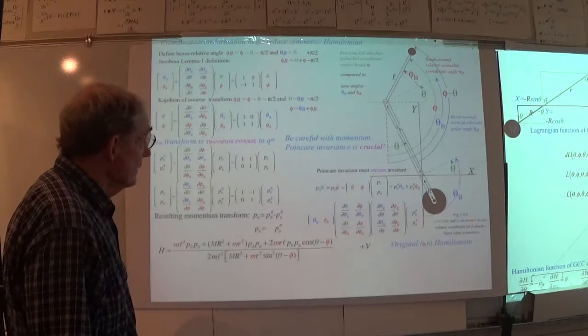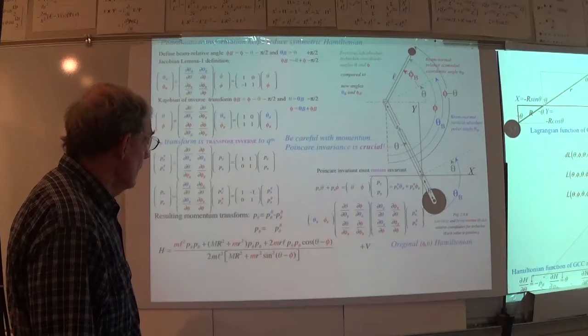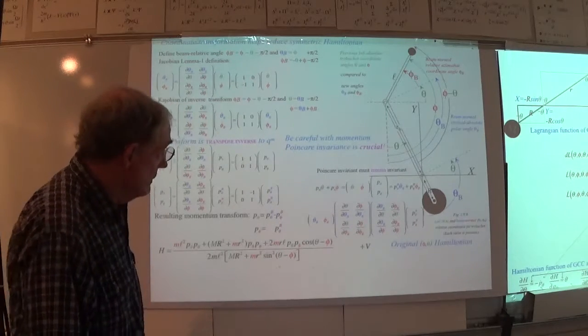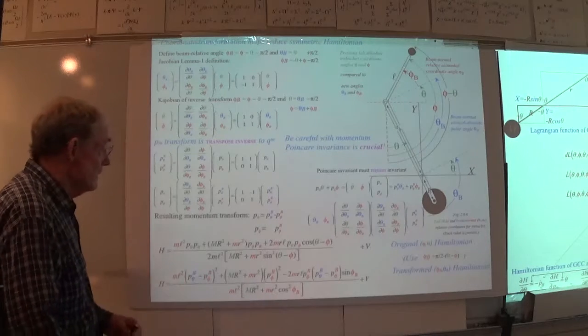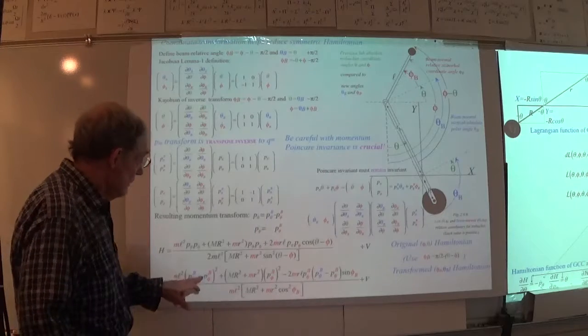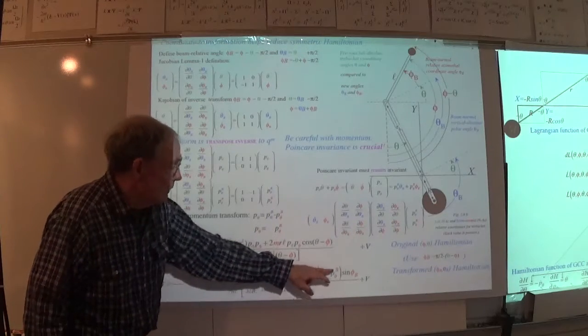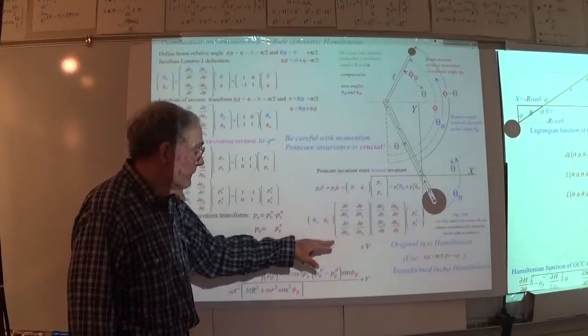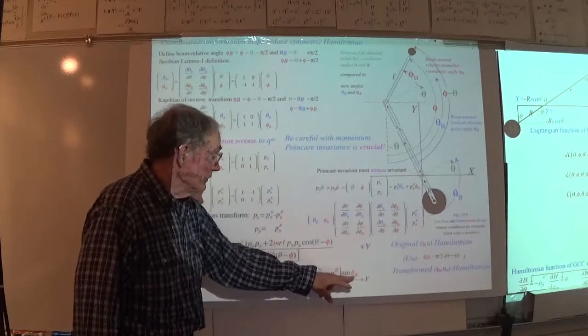So that's what's going into this thing. So here's the original Hamiltonian here, and we have to do a little bit of algebra in order to stick that together into a thing that involves the beam quantities. And while we're at it, we're also going to use the coordinate transformation like that.